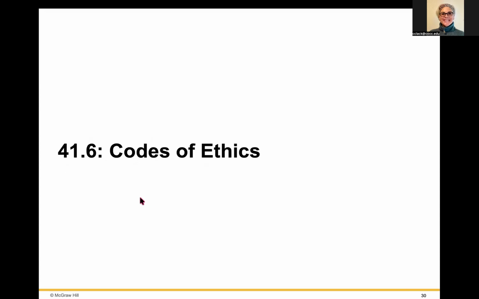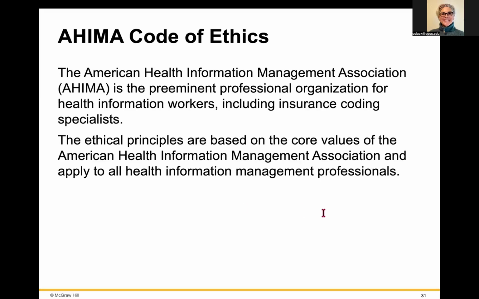Next, we're going to move into the Code of Ethics. This section answers, what should I do when the situation feels gray? Ethics gives you a professional standard when pressure shows up. Now, the AHIMA Code of Ethics introduces the professional ethics standards many of you will be held to in HIM and in coding, especially if you get your CCA, CCS, CCS-P, RHIT, RHIA, any of those credentials.